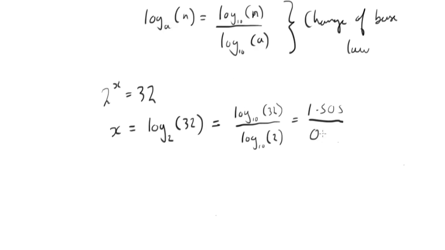If I divide both of these, it's near enough equal to 5. So the solution to this equation, x, is 5, which you could actually have seen if you know your powers of 2.